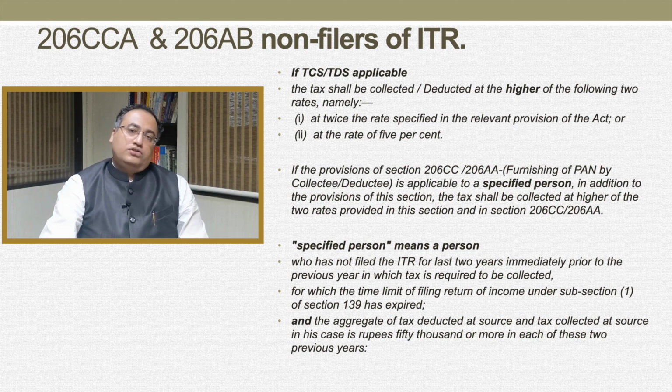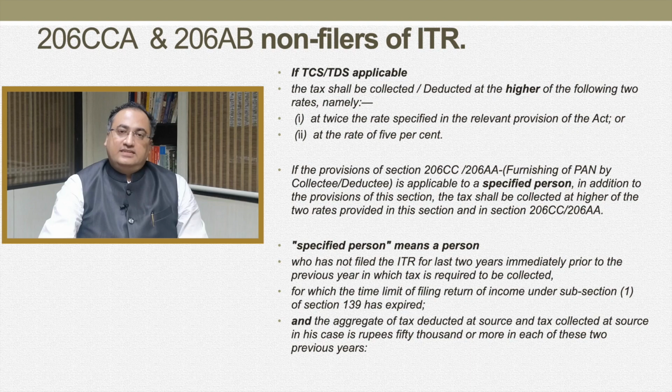Now this section also specifies who is that specified person with respect to which this section will be applicable. So that specified person has been defined under this section as a person who has not filed his last 2 years return, whose due date of filing income tax return under section 139 subsection 1 has elapsed, and that person has TDS or TCS both included.